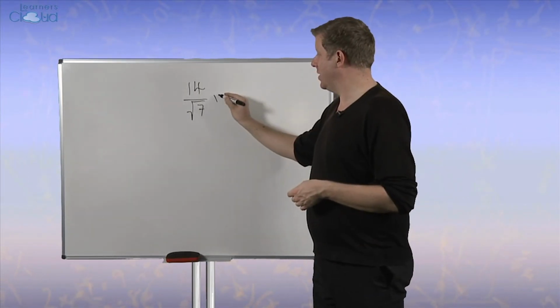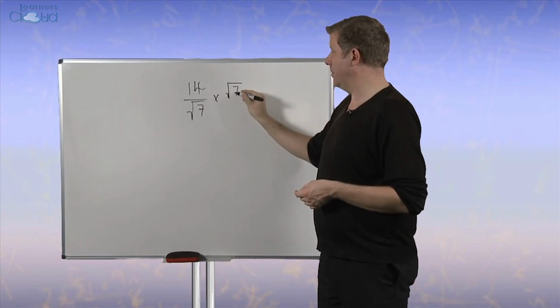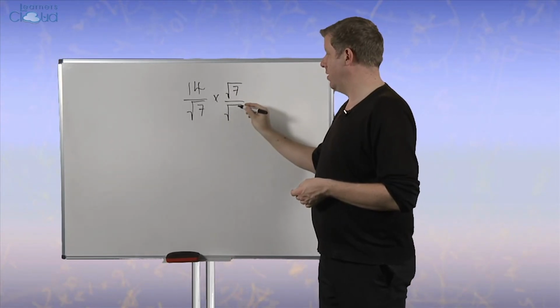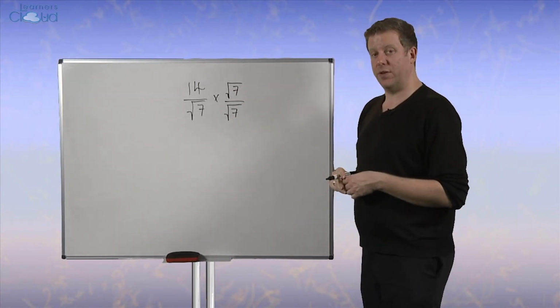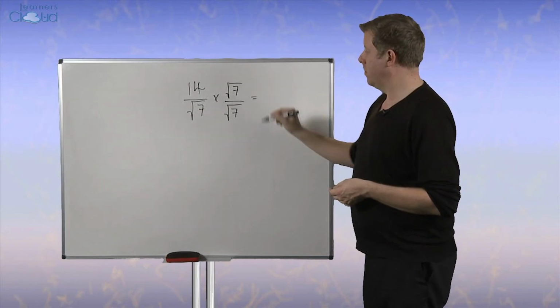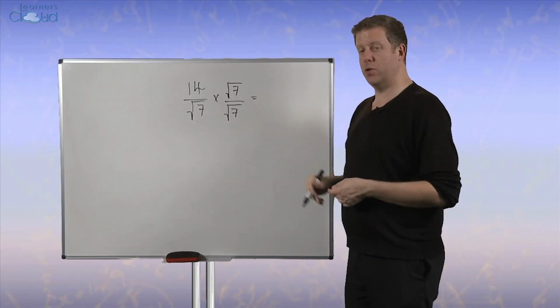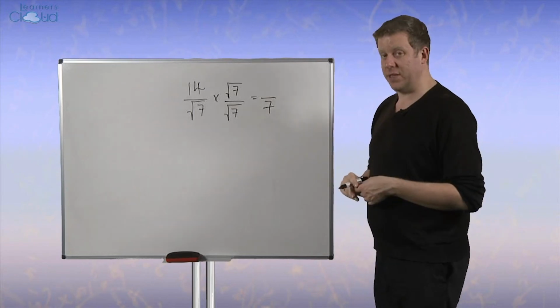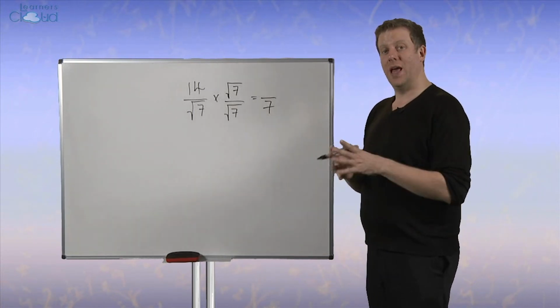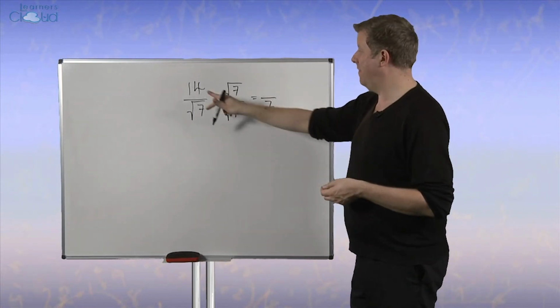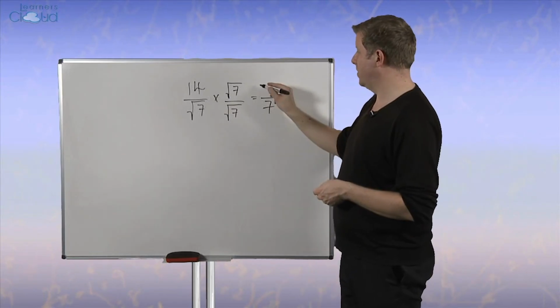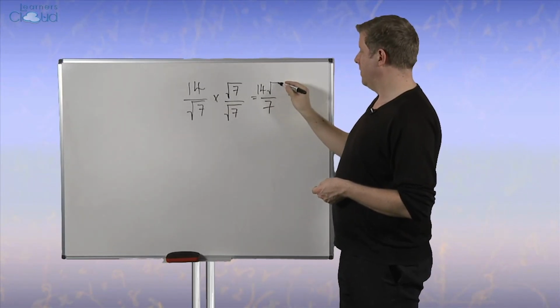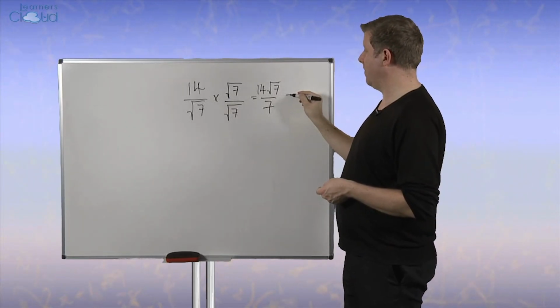So to rationalise this denominator, I simply multiply by √7 over √7. Square root of 7 multiplied by the square root of 7, remember, gives us the number 7, because the square root has now disappeared. And 14 multiplied by √7 gives us 14√7.